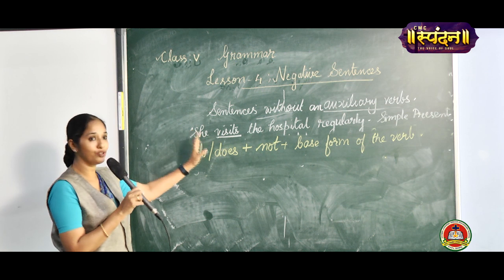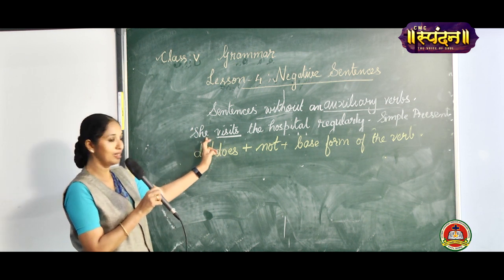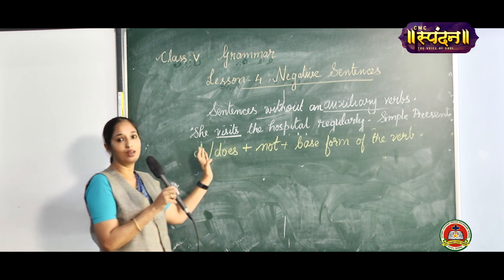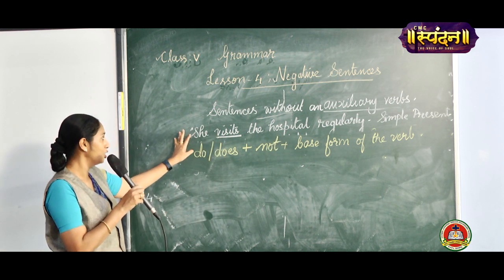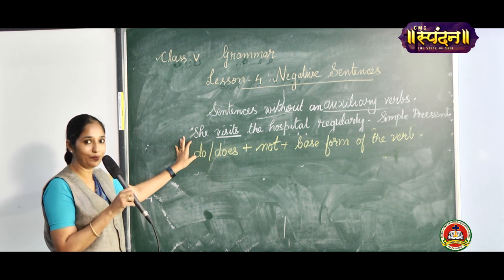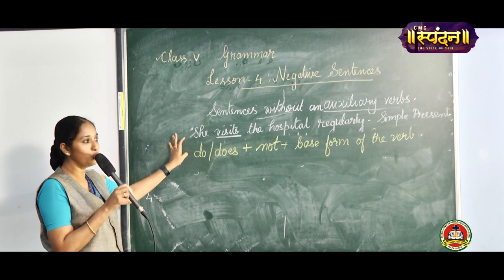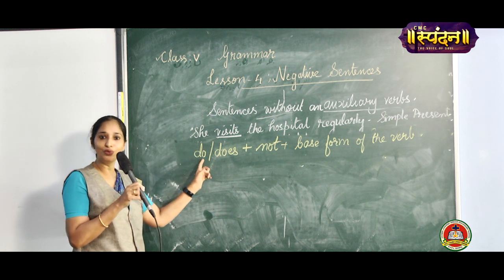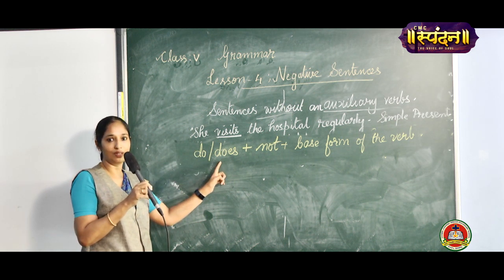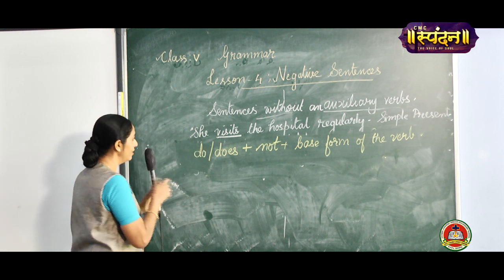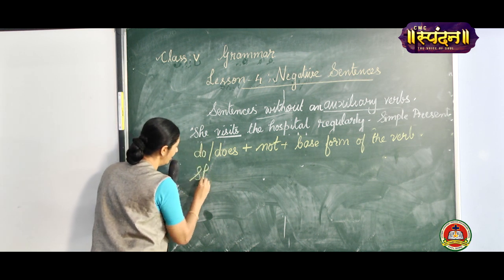Now let's try to change this sentence, she visits the hospital regularly, to a negative sentence. Here the subject is she. She is third person singular. So you know where to use do and where to use does.